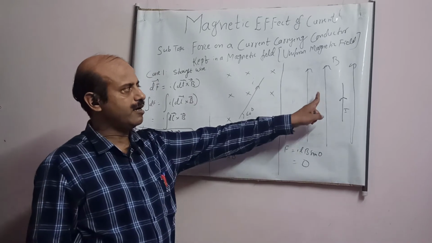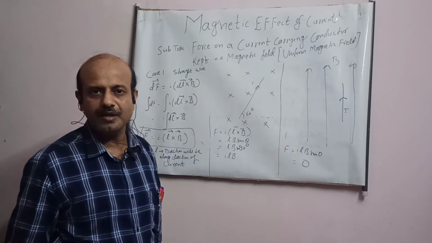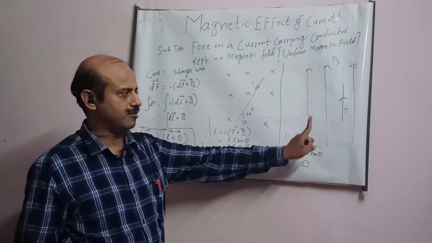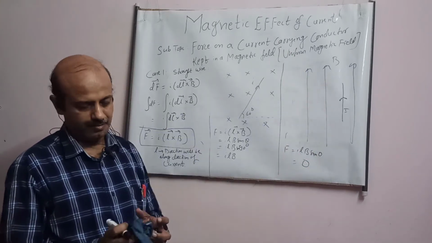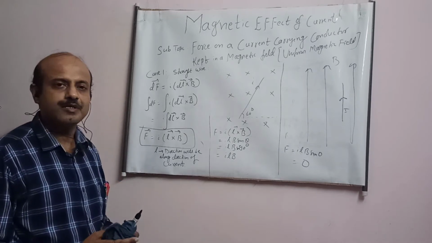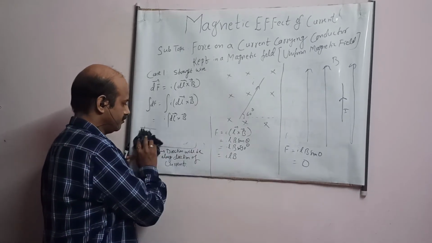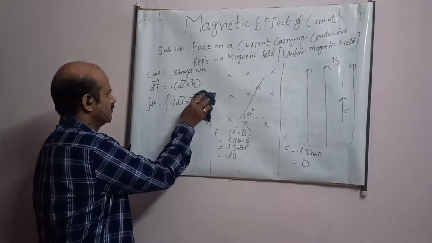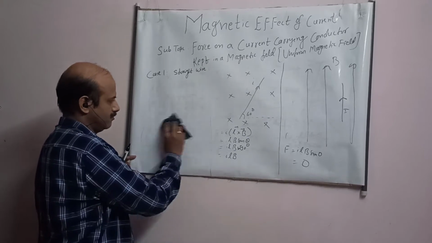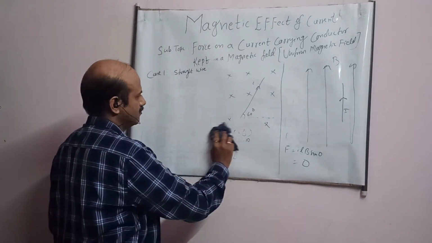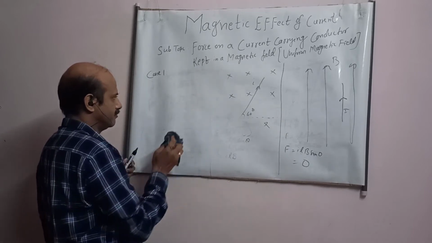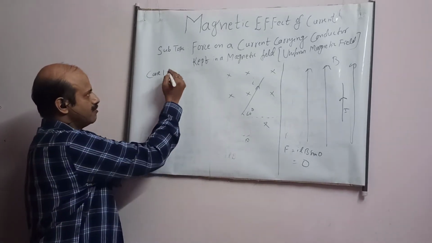The angle is 0 between I and B, so the force will be 0. So when the current carrying conductor is placed parallel to the magnetic field, the force acting is 0. Parallel or anti-parallel, student. So this is the first case, a straight wire. Now let's proceed to the second case. Now I am taking a curved wire, student. Suppose the wire is curved.